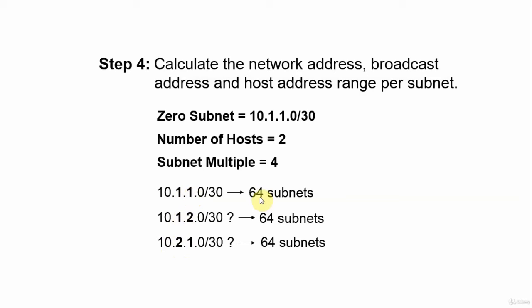With 10.1.1, I can get 64. If I needed 64 more, I would go with 10.1.2, and I can derive another 64 subnets from that. Or I could do 10.2.1 for another 64. So you see how with 10.x addressing there's so much you can do, because there are so many octets available for numbering, within the second and third octet. A lot of different values you can use to create more subnets.